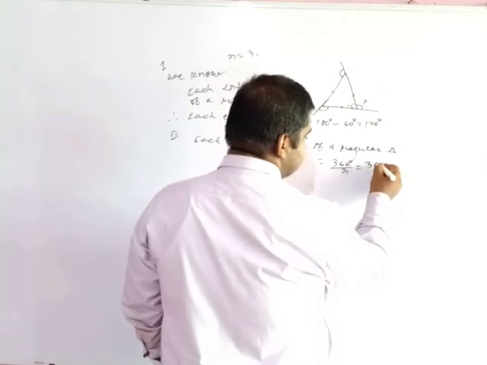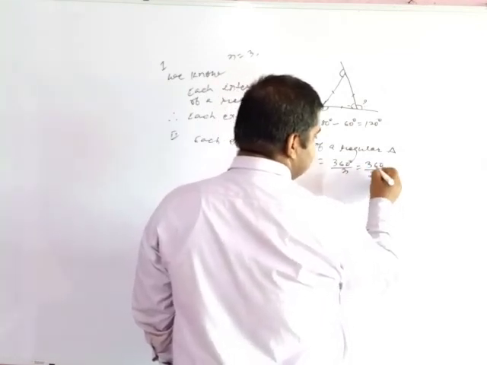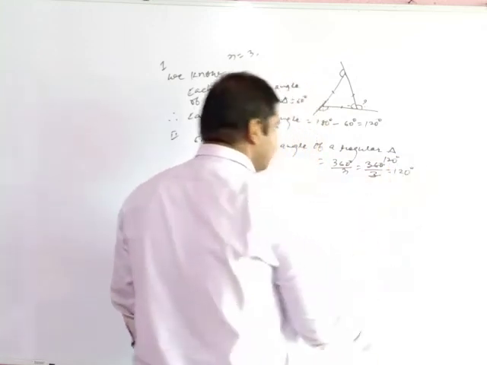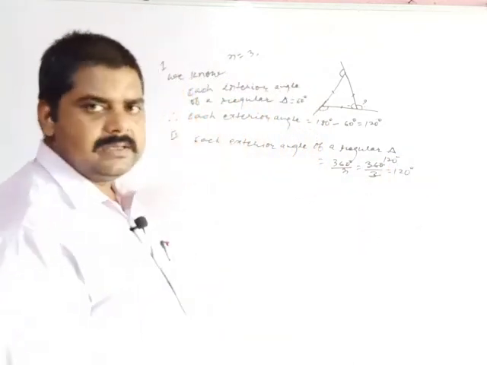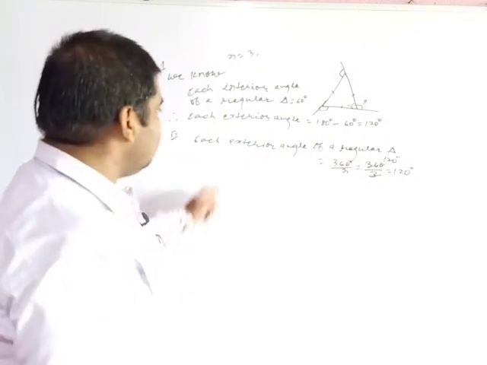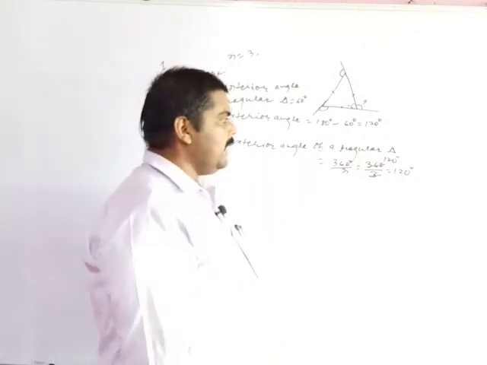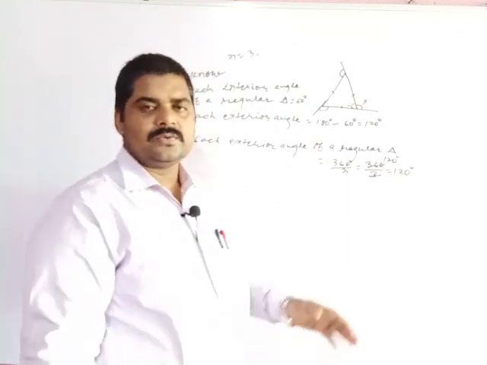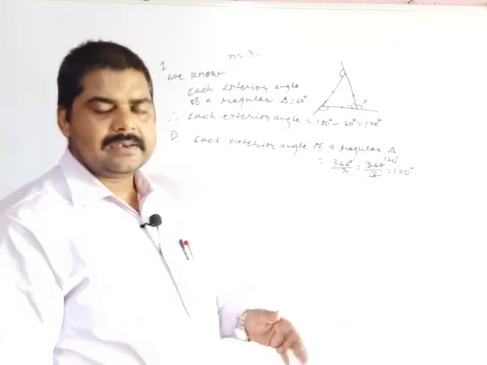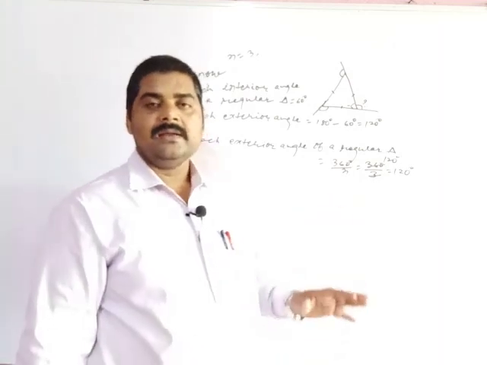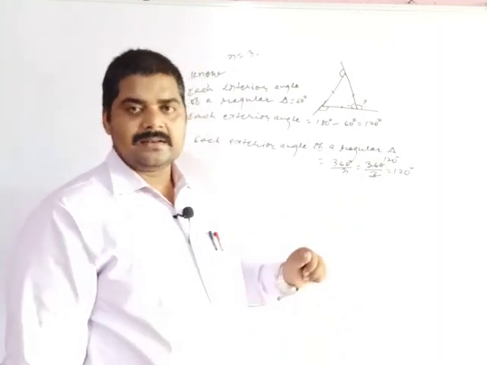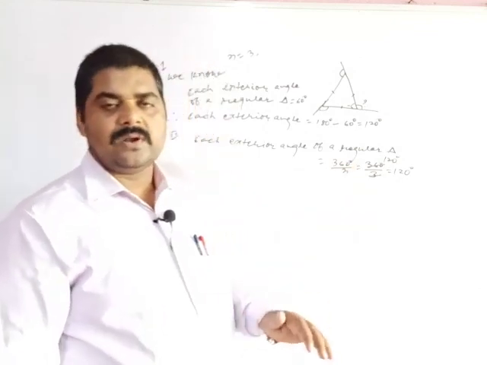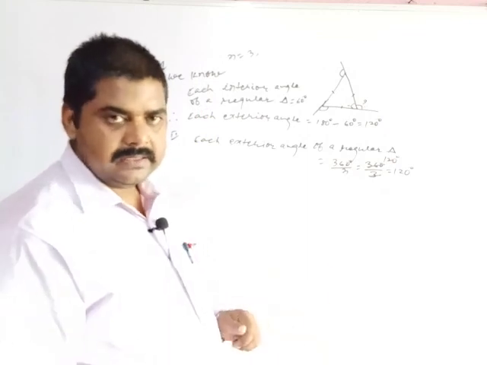So 360 by 3, and if you divide, the result is 120 degree. So my dear, each exterior angle of a regular polygon is equal to 360 degree by n, since it is a regular convex triangle, and this is why 360 degree by 3 is equal to 120 degree.